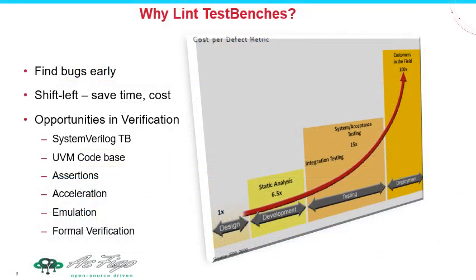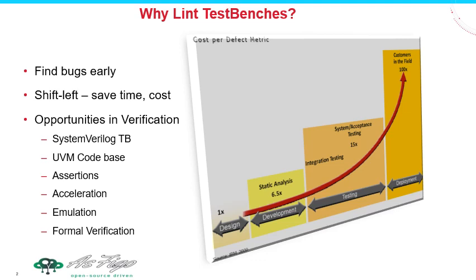So to begin with, why do we even care? Why test bench linting to begin with? As has been demoed in various software and hardware design projects, the shift left is achievable if you do find issues as early as you can.